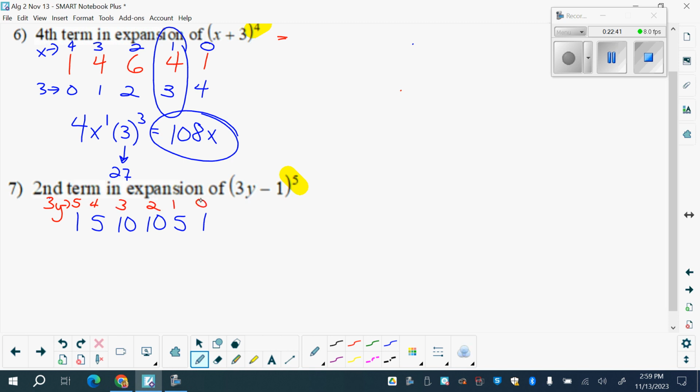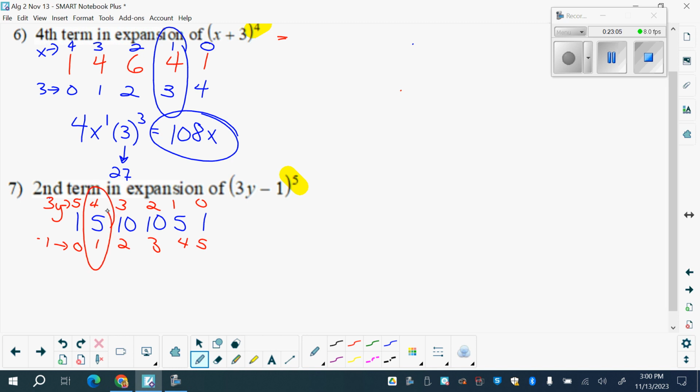And then this is a positive 1 or a negative 1? Negative 1. We start with exponent of, what exponent do we start with? 0, 1, 2, 3, 4, 5. And so we want to find our second term. We count 1, 2.